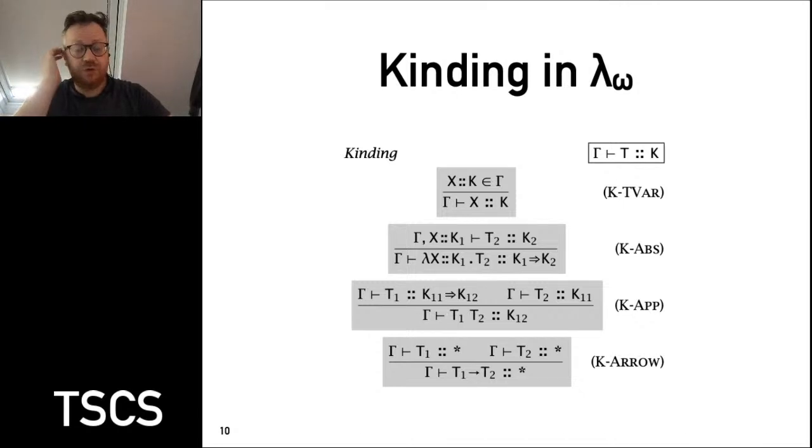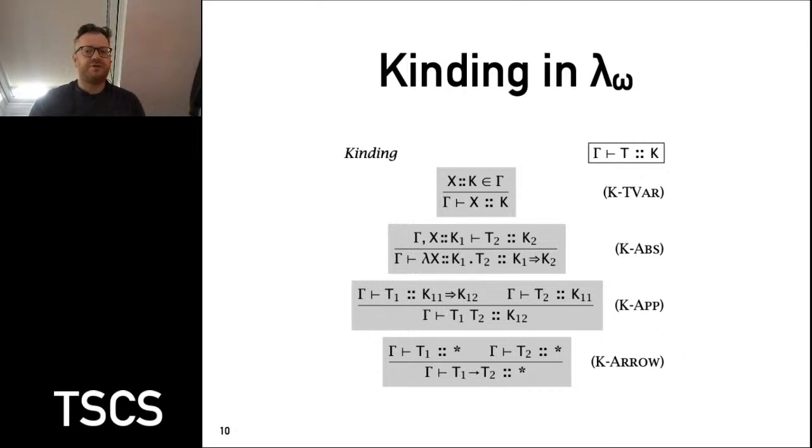So we need a few rules for kinding now, because this is what tells us if a term is not only properly typed but also properly kinded. So in general, gamma turnstile T colon k is what we're looking for here. And as you've seen with the lambda calculus, this should be rather familiar.